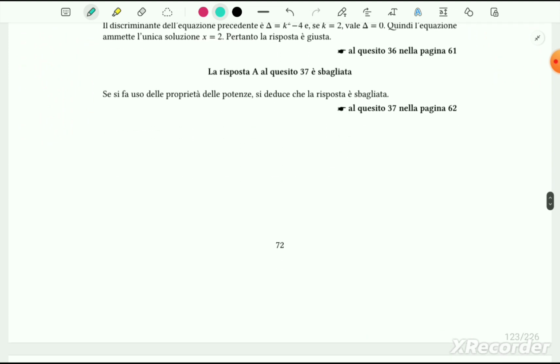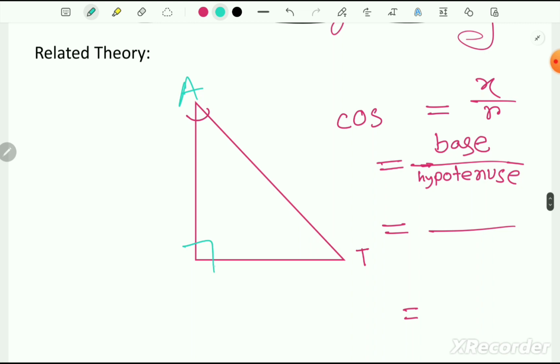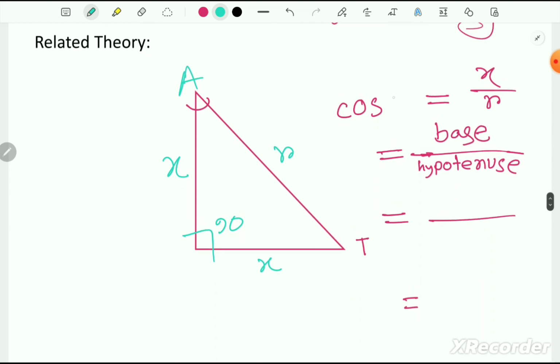In that case, you can simply apply the basic equation, like this is 90 and this is r, this x, this also x, as it is an isosceles triangle, and we know cos 45 degree in this case, this is 45 degree. So cos 45 degree equals base divided by hypotenuse r, right? We know the x, but hypotenuse r, we can find a relation with x.